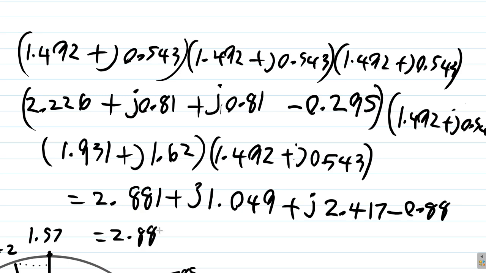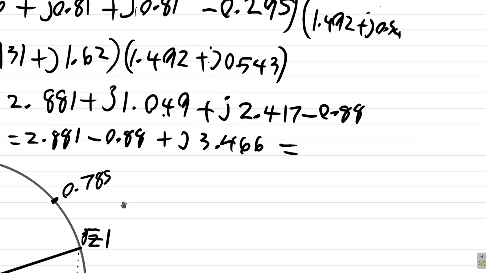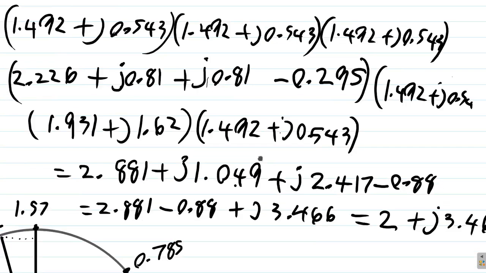So you have 2.881 minus 0.88, plus j, well, we can just add these two: 1.049 plus 2.417 equals 3.466. And 2.881 minus 0.88 equals 2.001, just about 2. So we have 2 plus j 3.466.